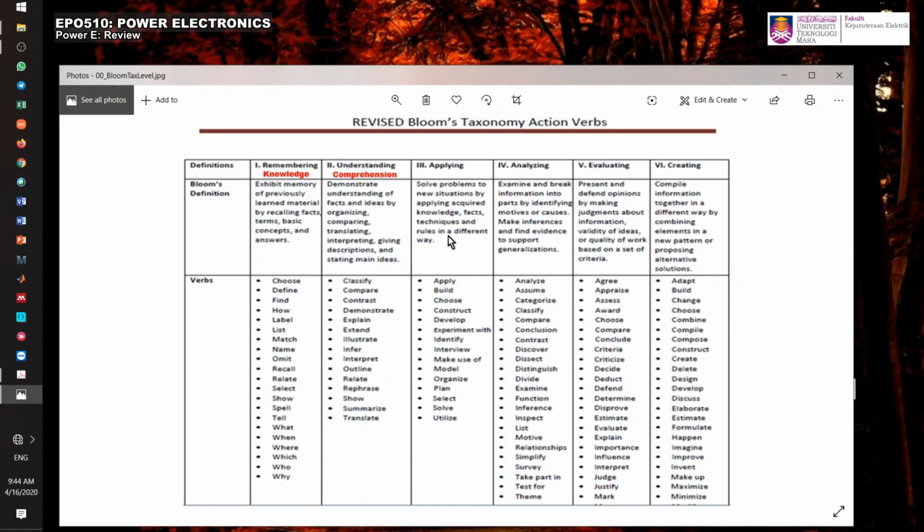Can you apply it to solve problems? Can you analyze and give, for example, the power factor and performance parameters? You can derive equations. Evaluating is where you come to the stage of designing, and so on, and then creating. There are verbs for each Bloom's taxonomy level, according to the stage, so always check and use these Bloom's taxonomy action verbs.